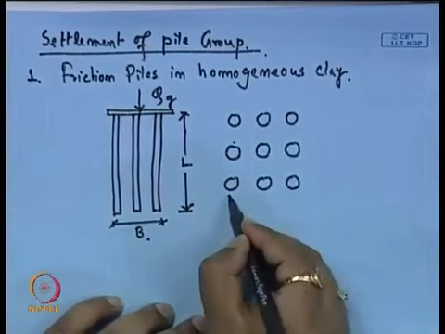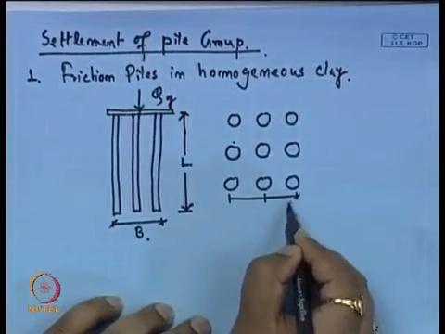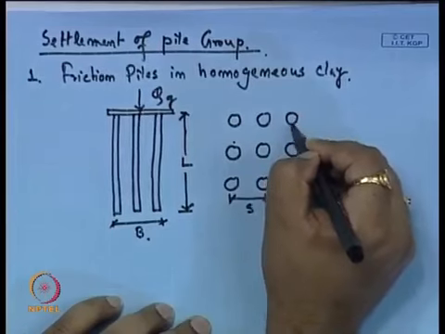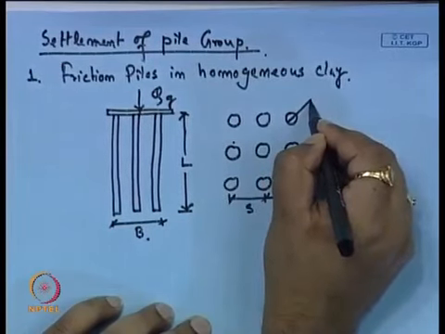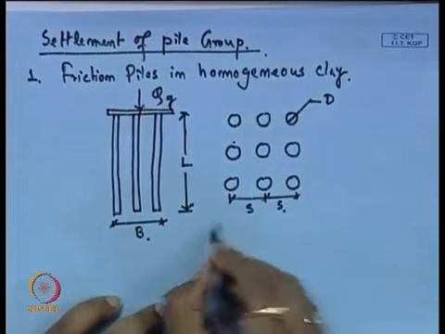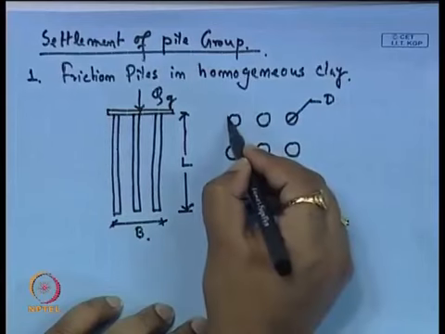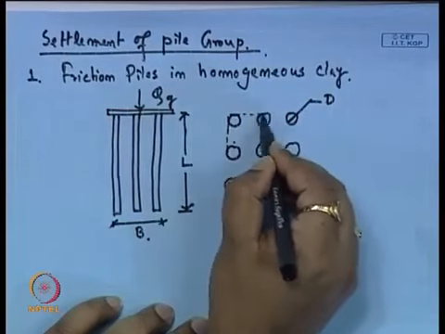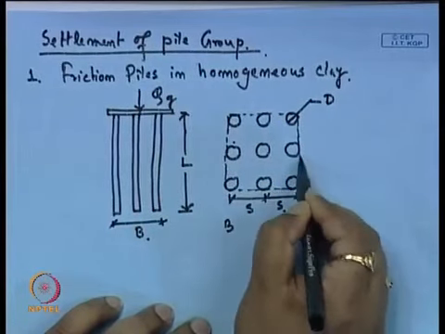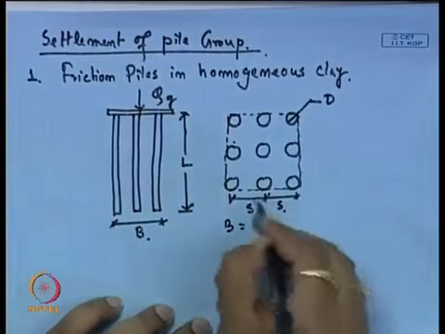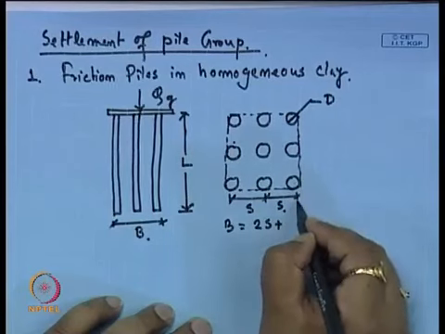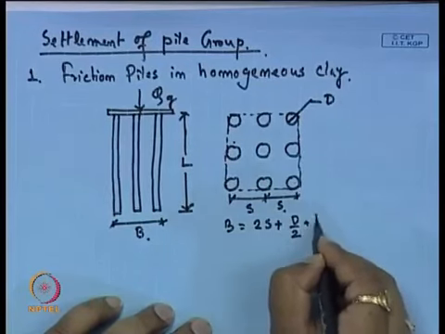Say now, here the center to center spacing between the piles is S, and this is the diameter of the pile. So, the B value, if I take the total block, for this particular case is twice S plus d by 2 plus d by 2.